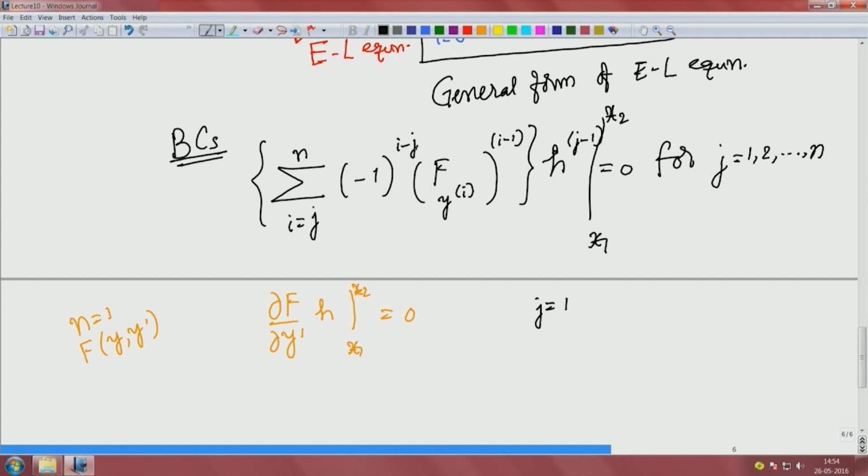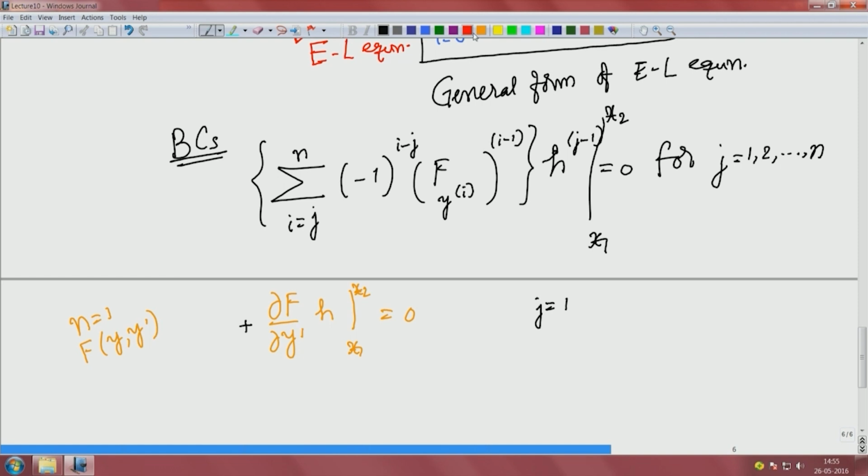Minus 1 raised to i minus j, where both i and j are 1, gives 1 minus 1, which is 0. So, I get a positive sign, and then f_{y^(i)}, with i equal to 1 now, because i goes from j to n. So, I have ∂f/∂y', and that derivative should go to i minus 1, that is 0, and we get this.